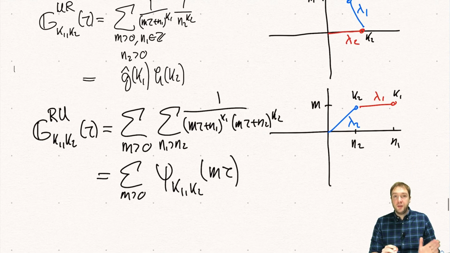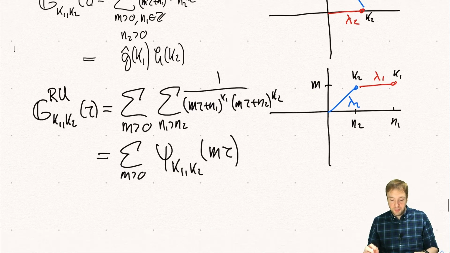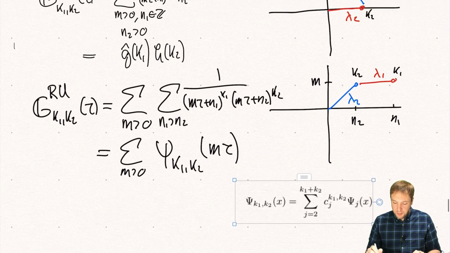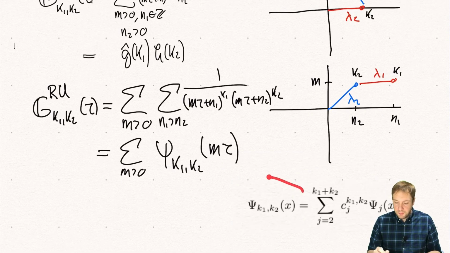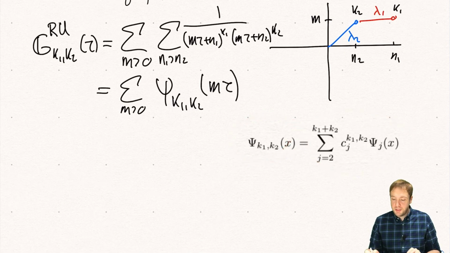And now we really need to use this theorem of the reduction of multitangent to monotangent. So here we can now use that this multitangent function psi k1 k2 can be written as a linear combination of these monotangent psi j.